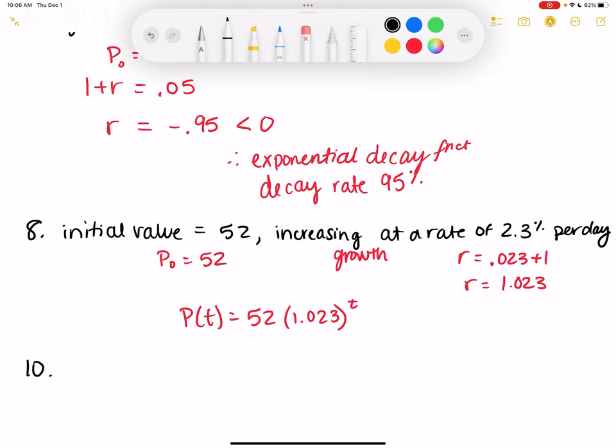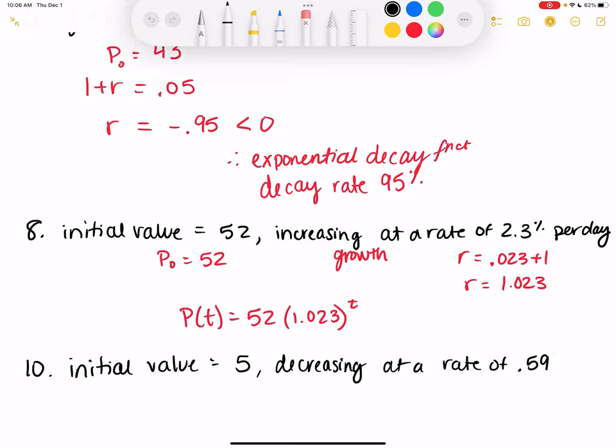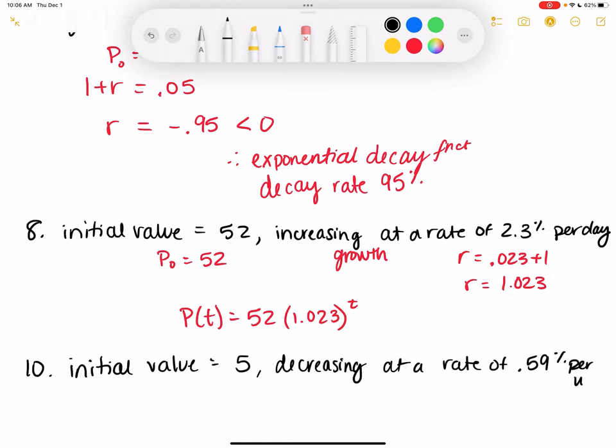All right, number 10, an initial value of 5. It is decreasing at a rate of 0.59% per week.